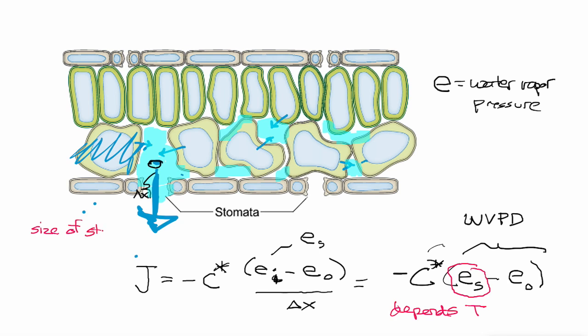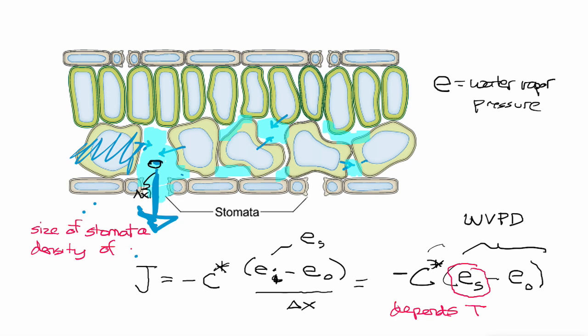So smaller stomata in certain kinds of plants will offer more resistance. It will depend on the density of the stomata. If a plant has a lot of stomata per leaf versus few stomata per leaf, that will change the amount of water vapor that can move through the stomata given a given water vapor pressure deficit.